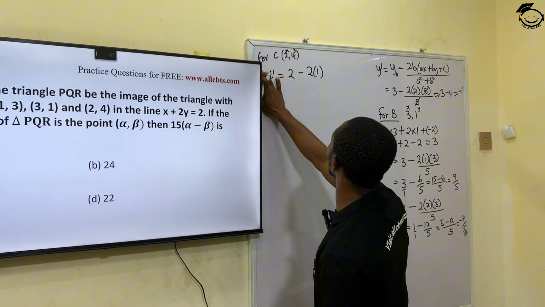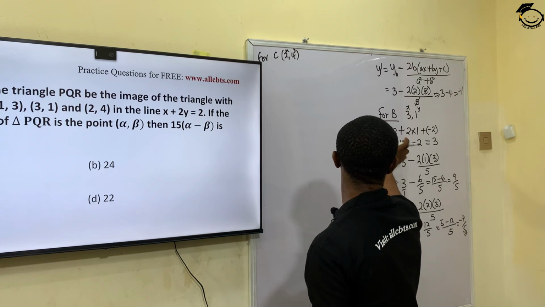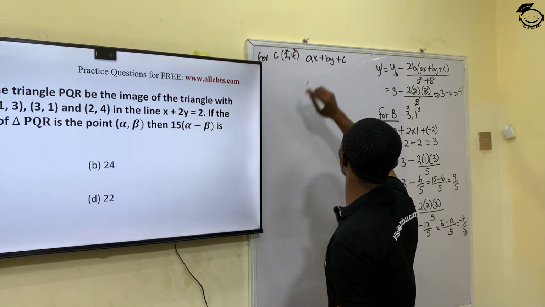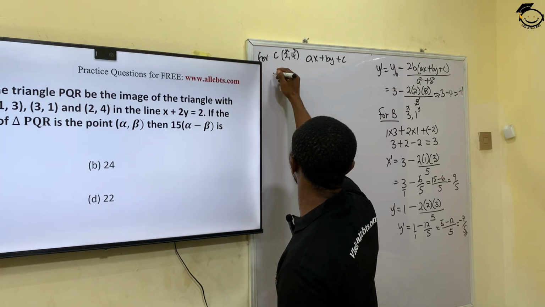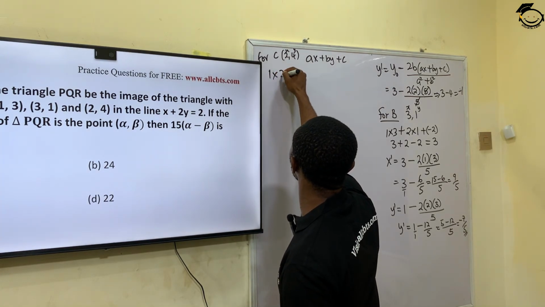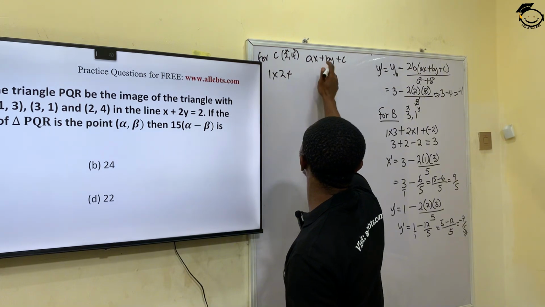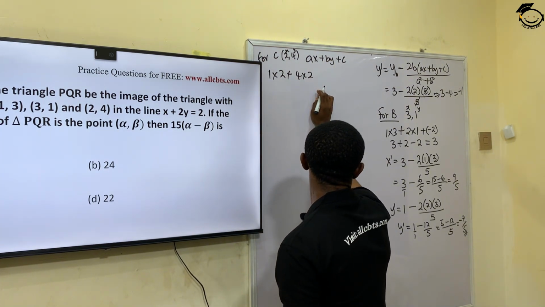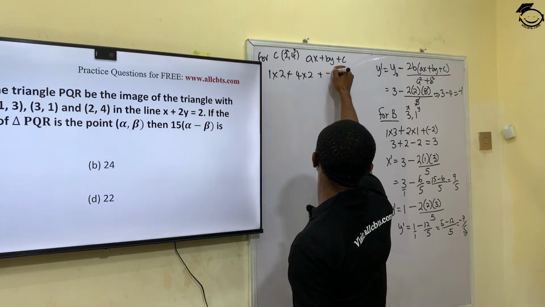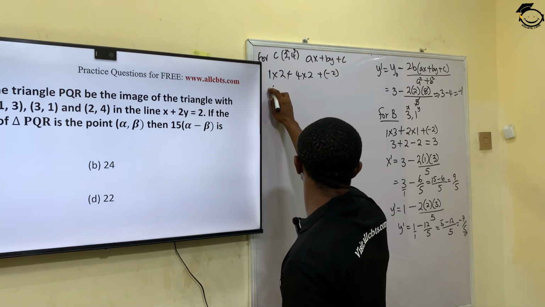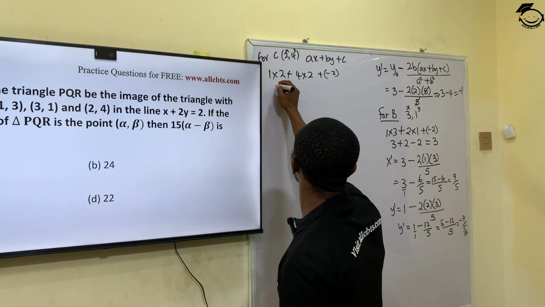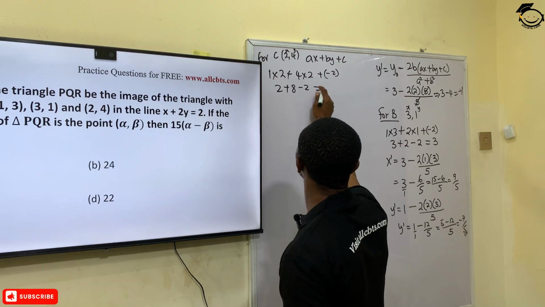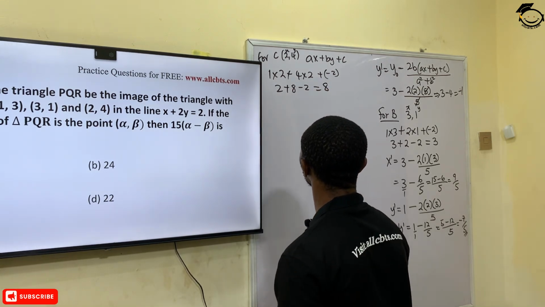Before we go to x bar, we have to calculate ax plus by plus c. So this becomes a is 1 times 2 plus 4 times 2 plus minus 2. So this gives us 2 plus 8 minus 2, which gives us 8.